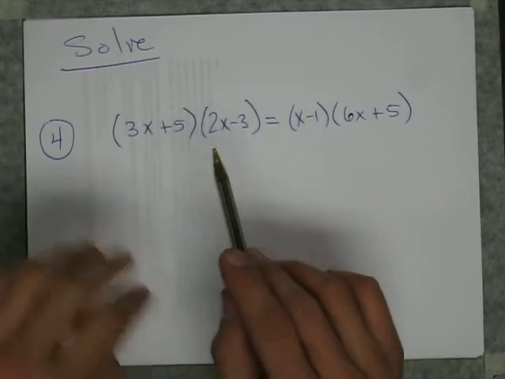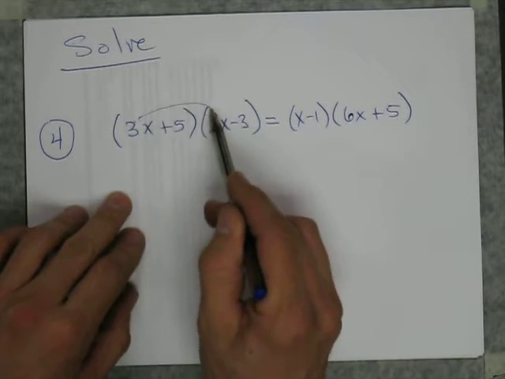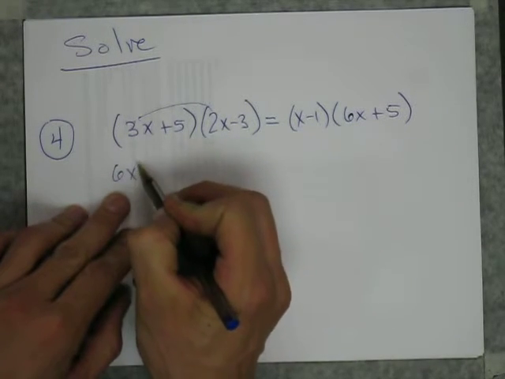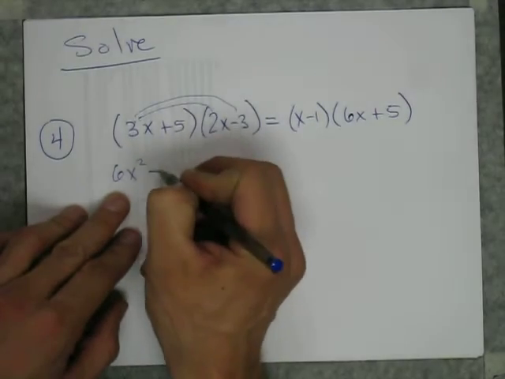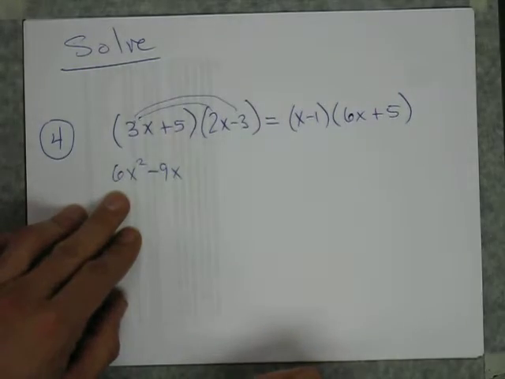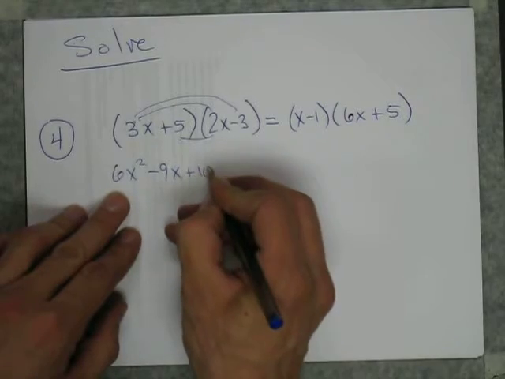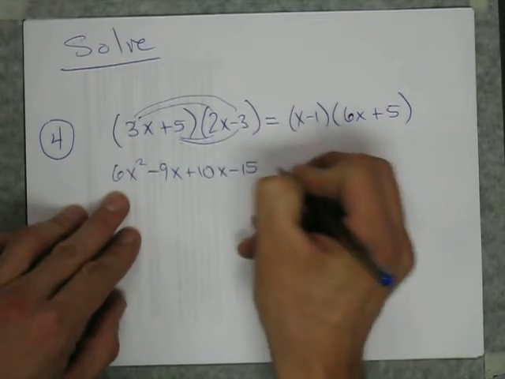Again, I emphasize just distribution. 3x times 2x is going to give me 6x squared. 3x times a negative 3 will give me minus 9x. Plus, take the 5 and distribute it in, plus 10x. 5 and the negative 3 is minus 15.